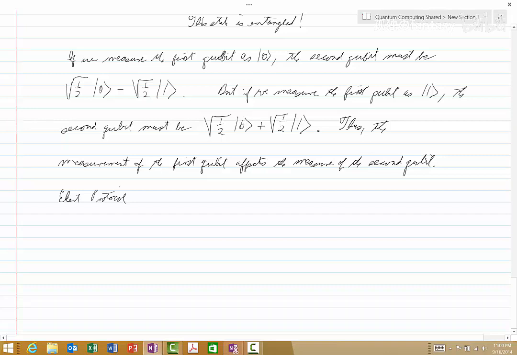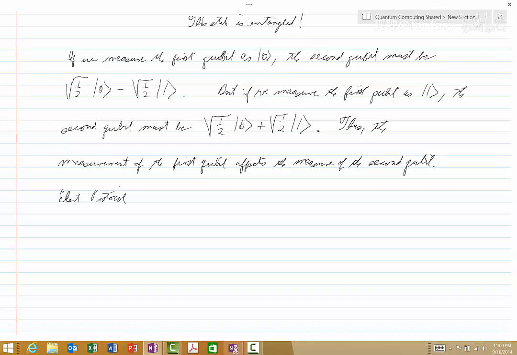This protocol, like the BB84 protocol and the B92 protocol, will allow us to detect if Eve has been intercepting. But we're not quite ready to understand how that works yet. That will be a little bit later.